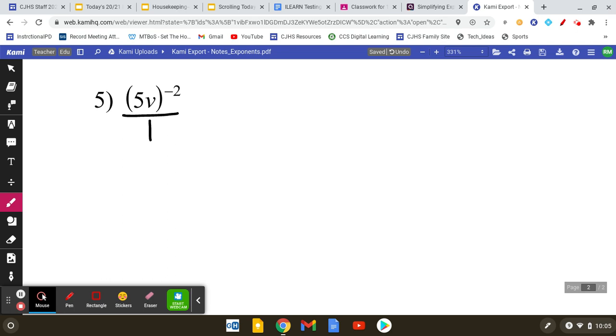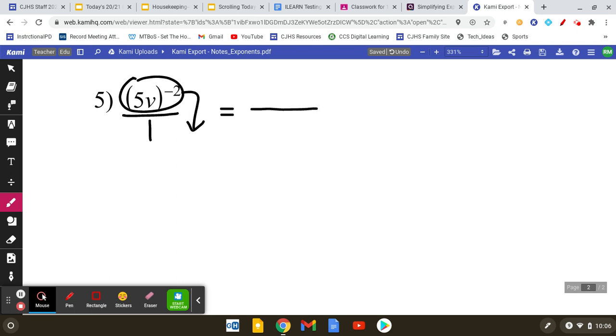The exponent is for everything that's inside the parentheses. That's the reason why there's parentheses there. In order for this to become a positive exponent, it needs to switch places. Right now it's at the top, in the numerator, so it needs to go to the denominator. So this whole thing is going to go down to the bottom.